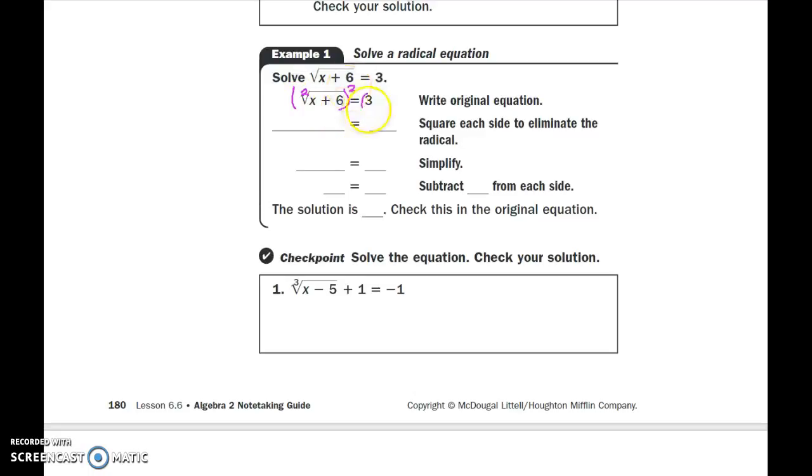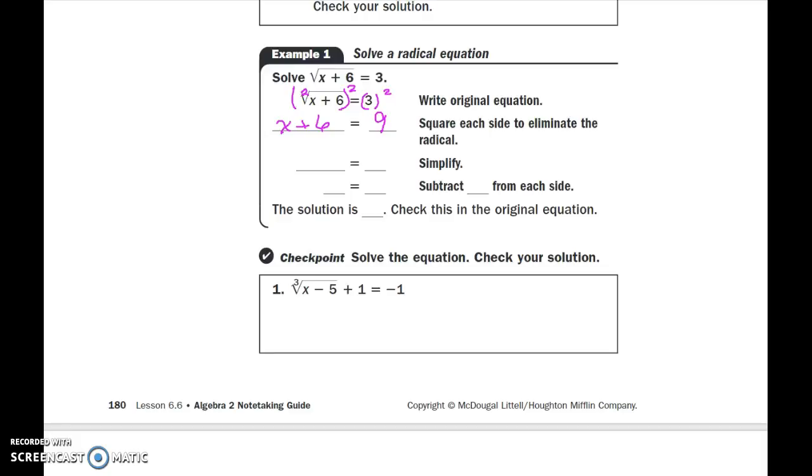And we actually did this in the quadratic unit. So when we square the square root of x plus 6, here on the left, we get x plus 6. On the other side, when we square 3, we get 9.